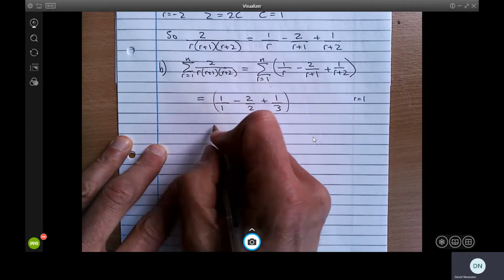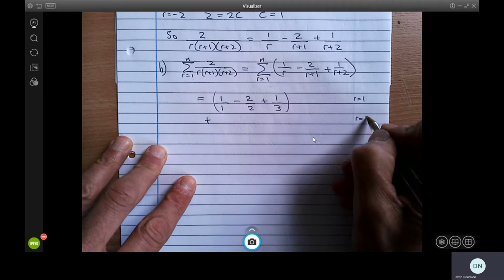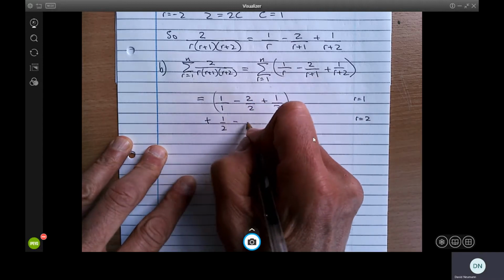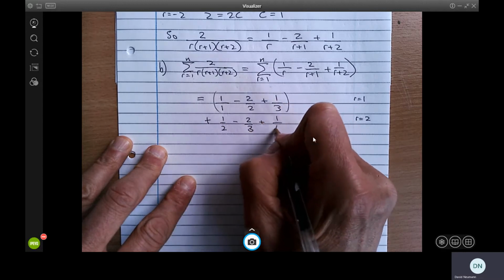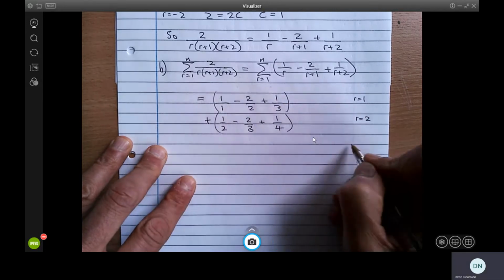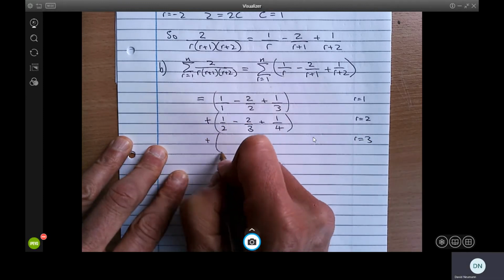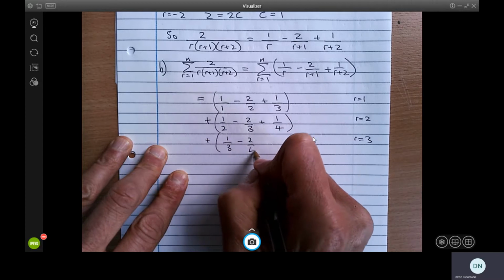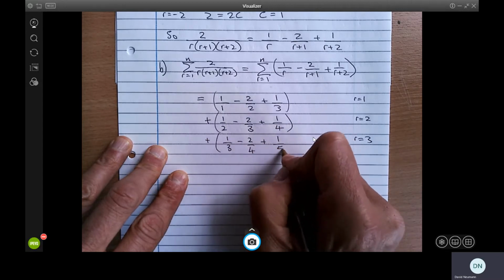So that's our first term, plus, put in r equals 2, we're going to have 1 over 2 minus 2 over 3 plus 1 over 4. r equals 3, plus this term, 1 over 3 minus 2 over 4 plus 1 over 5.